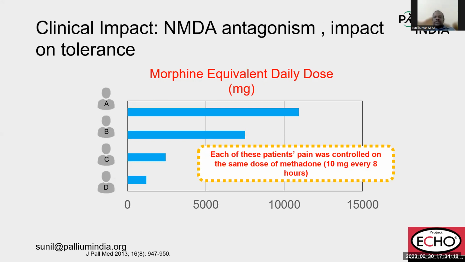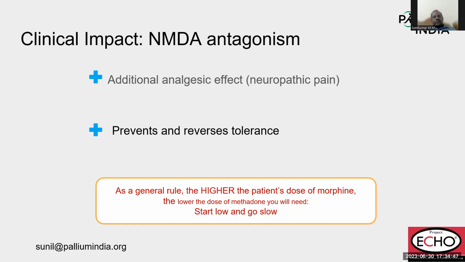The patient who was taking 1000 milligram of morphine equivalent, as well as the patient taking 12,000 milligram of morphine equivalent, all started on 30 milligram of methadone, and all had good pain relief, which indicates that NMDA receptors are involved in the development of tolerance. So methadone is a good medication that can actually prevent and reverse tolerance. That's the effect due to NMDA antagonism, and it has an additional analgesic effect in neuropathic pain.